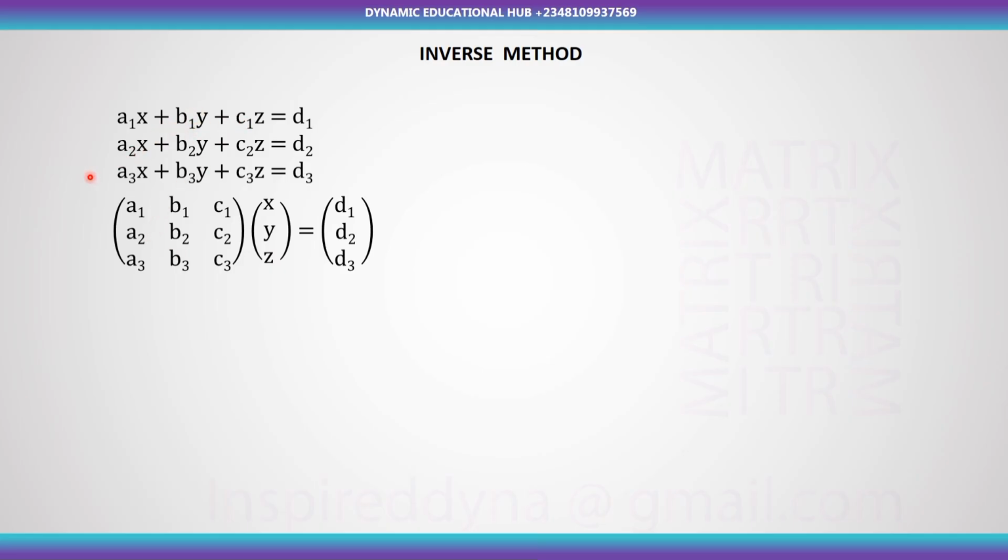So instead of having this, we can have this. When you multiply a1 by x, you get a1x plus b1y plus c1z. And if you move to the next row, you still get a2x plus b2y plus c2z.